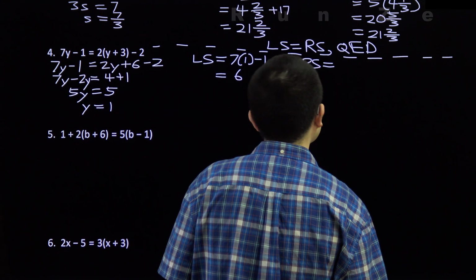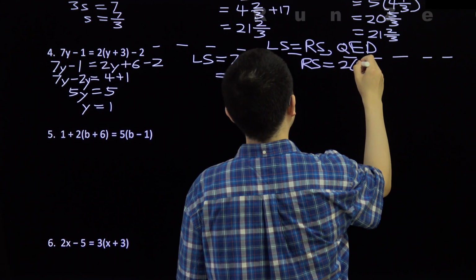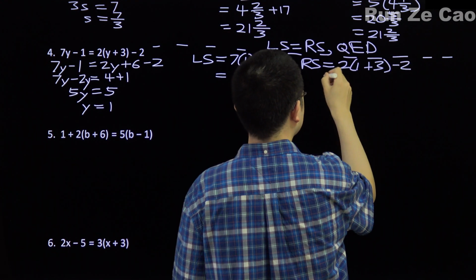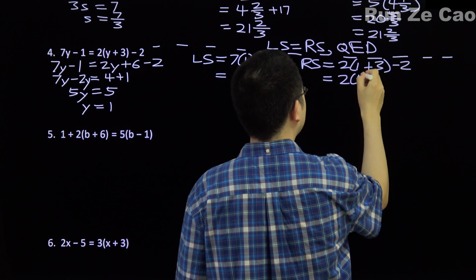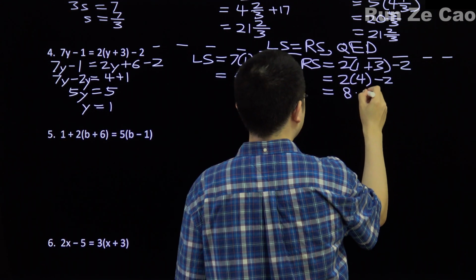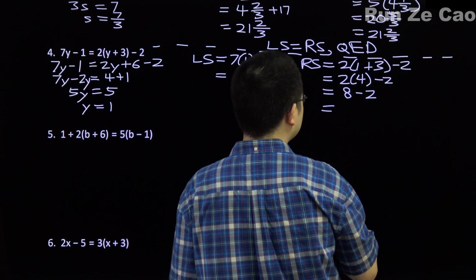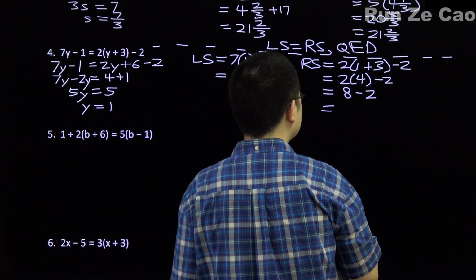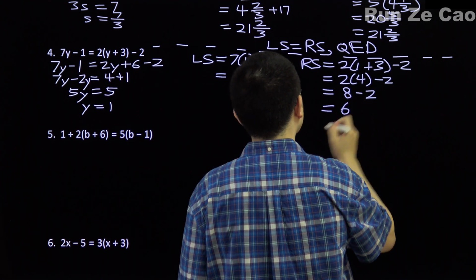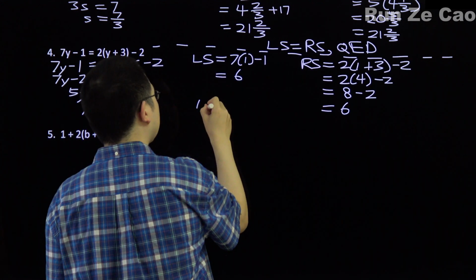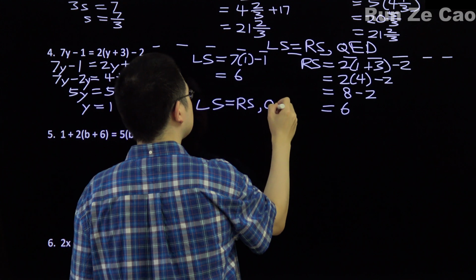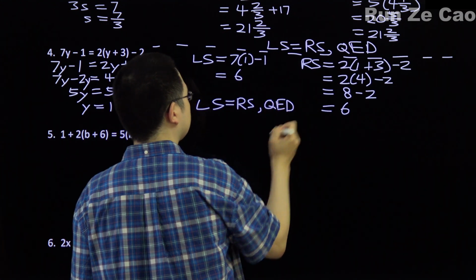Right side is 2 times 1 plus 3 minus 2. Okay, so 2 times 4 minus 2. 8 minus 2, if you're particularly picky about following order of operations, instead of collapsing multiple steps together. So equals 6. And we get left side equals right side. QED.